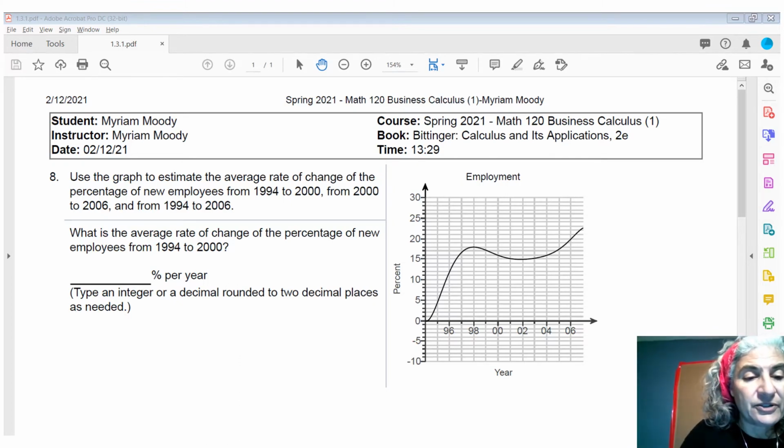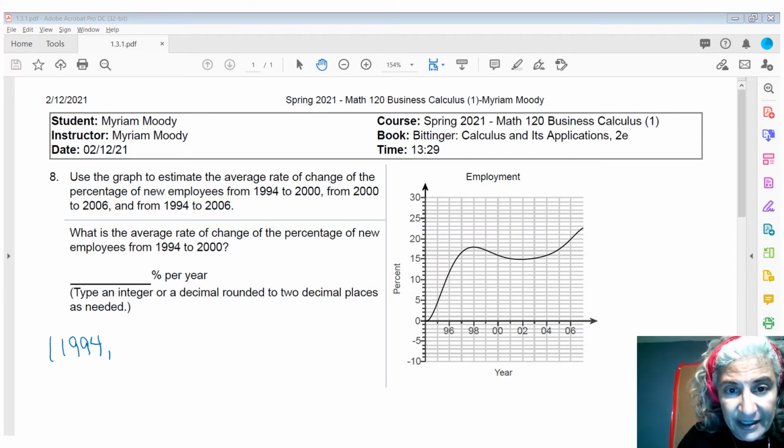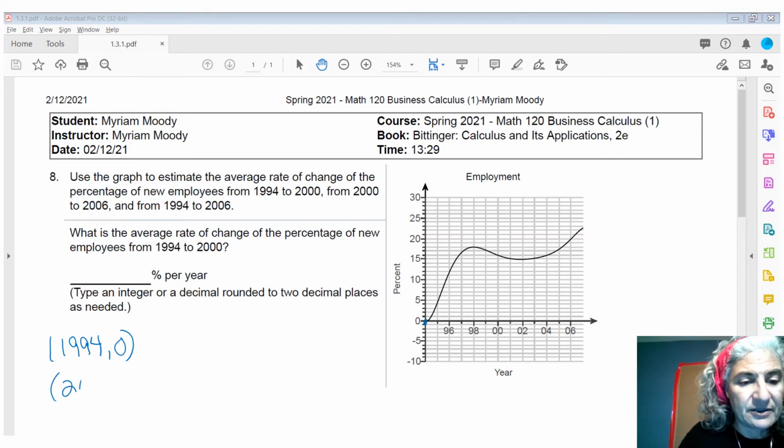We are going to first look at 1994, and this is 96, this is 94 over here, which means it's at 0. And we are going to need the year 2000, and that's this double 0, and that's this point right here, which looks like if we go across, it's at 16.